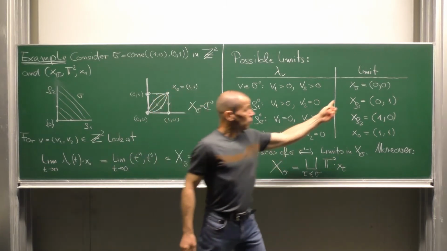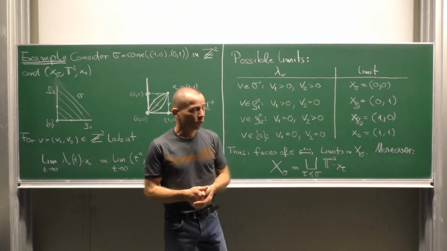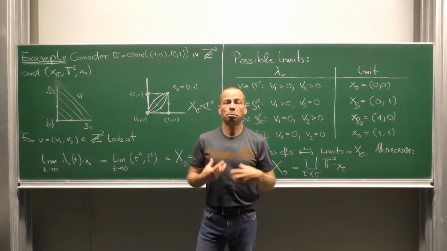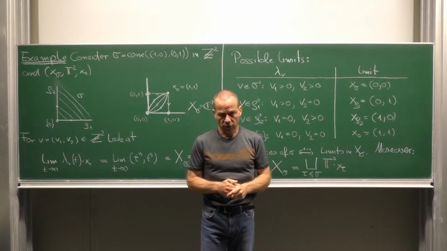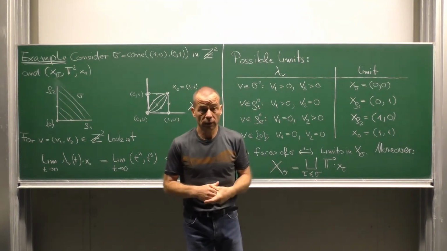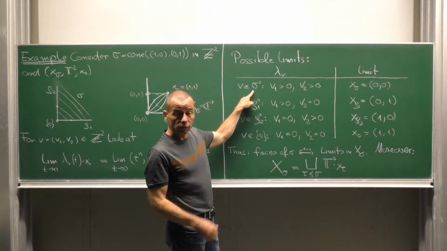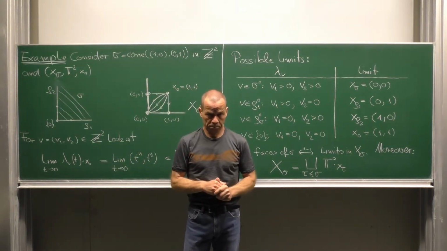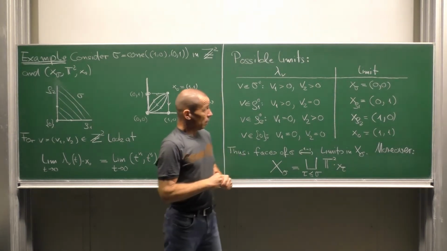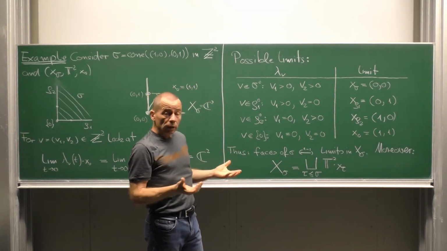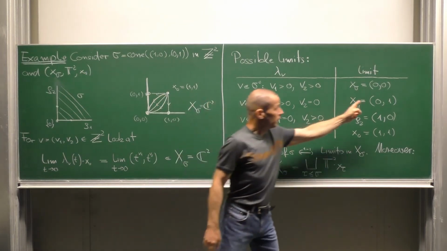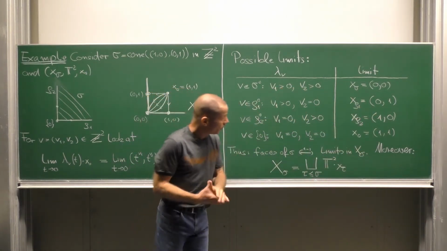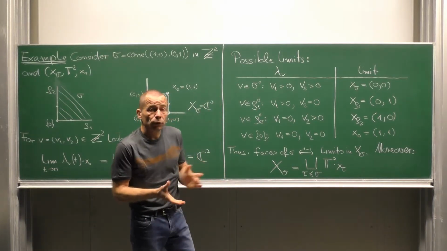In order that we get the origin as a limit point, we need that v1 and v2 both are strictly bigger than 0. That means our vector v comes from the relative interior of our cone sigma. Similarly, if we want to reach the limit point (0,1), we need that v1 is strictly bigger than 0 and v2 equals 0.